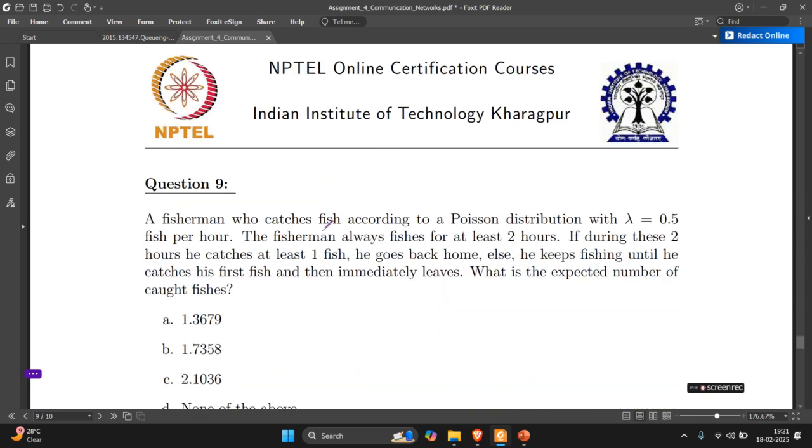Now, a fisherman catches fish according to a Poisson distribution with lambda equal to 0.5 fish per hour. So he catches half a fish an hour, that is to say one fish per 2 hours.